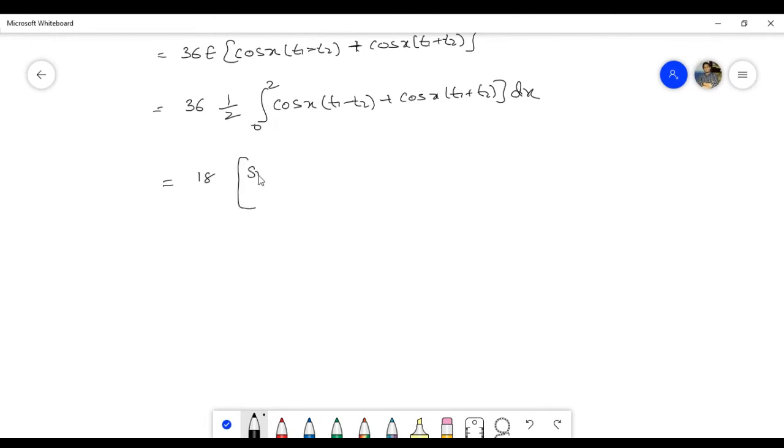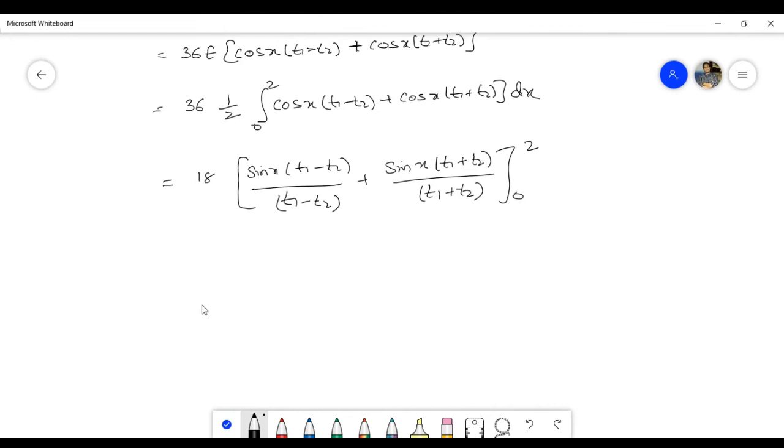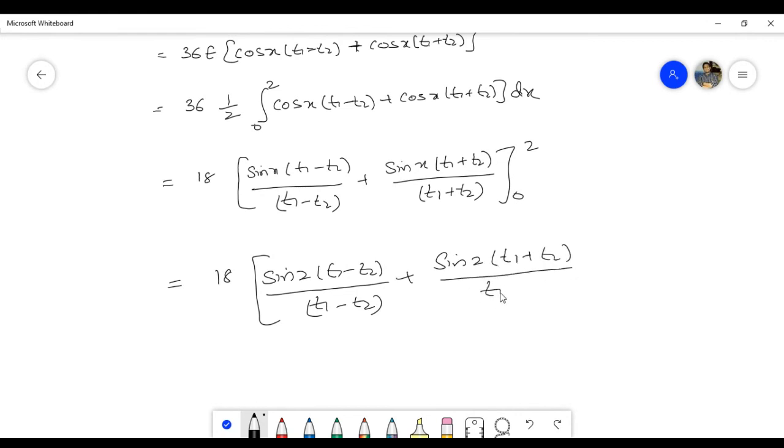So the cosine will give sin x(t1 minus t2) by (t1 minus t2) plus sin x(t1 plus t2) by (t1 plus t2), from 0 to 2. So 18 times [sin 2(t1 minus t2), and sin 0 is 0, by (t1 minus t2) plus sin 2(t1 plus t2) by (t1 plus t2)]. This is the final answer.